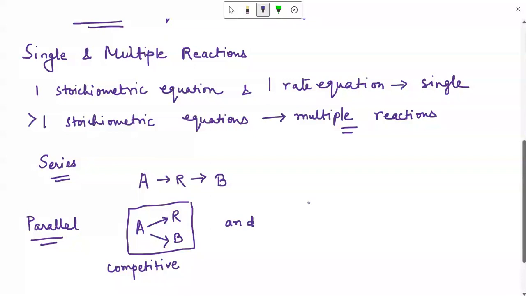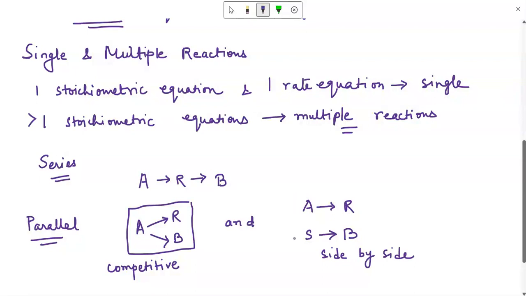And let's say we have something like A gives R, but some other subproduct S gives B, which are occurring side by side.